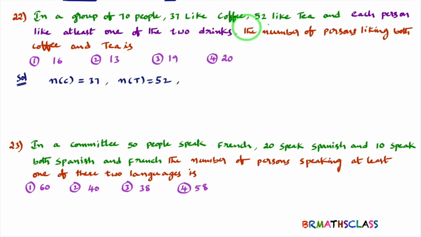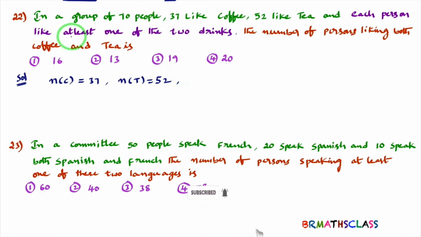And here this is important information. Once you understand this information, this question is nothing to you. Each person means what? In this group 70 people are there. In that 70 people, each person likes at least one of two drinks. That means there is no person who drinks neither coffee nor tea.